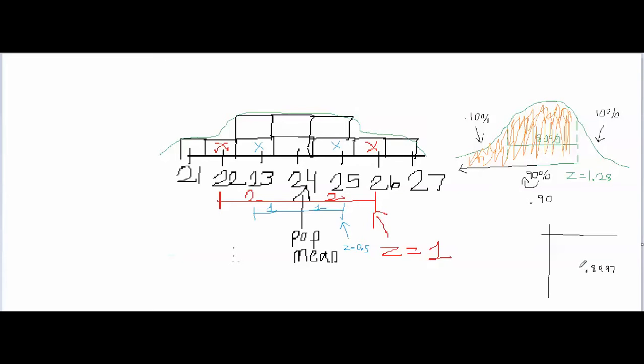And what I had to do is go to the row over here and the column up here. Over here I got 1.2. And for the column I got 0.08. Sorry, I said 0.8, but this should have actually been 0.08.